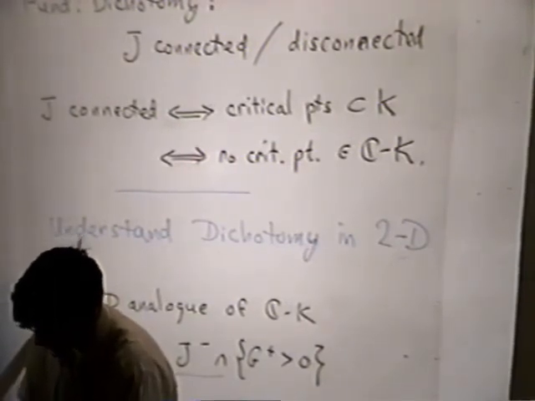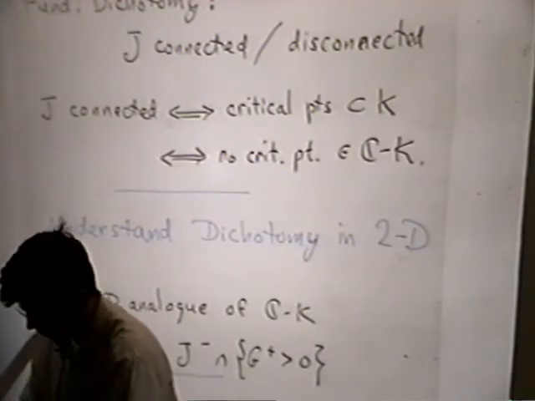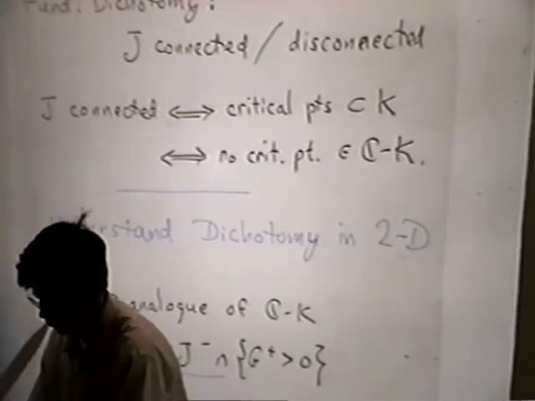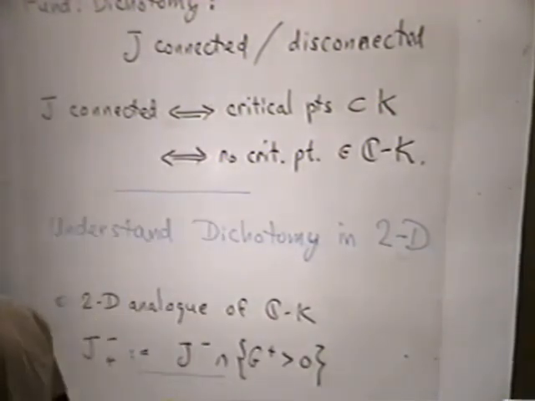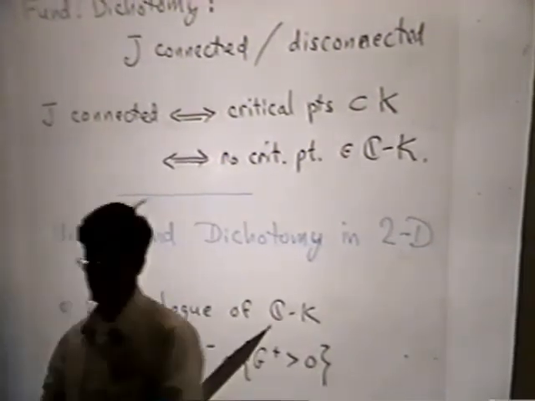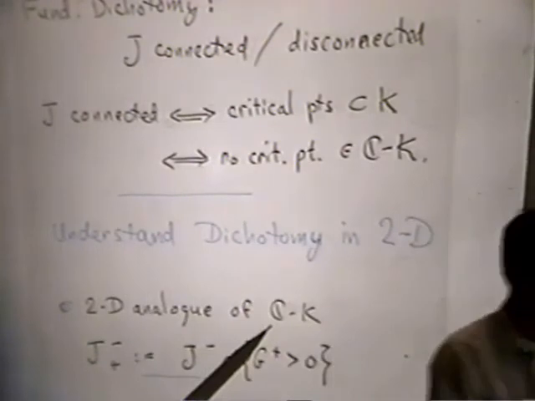And so it's a question of what is the natural generalization of the complement of K. The complement of K, those are all the points that go to infinity in forward time.